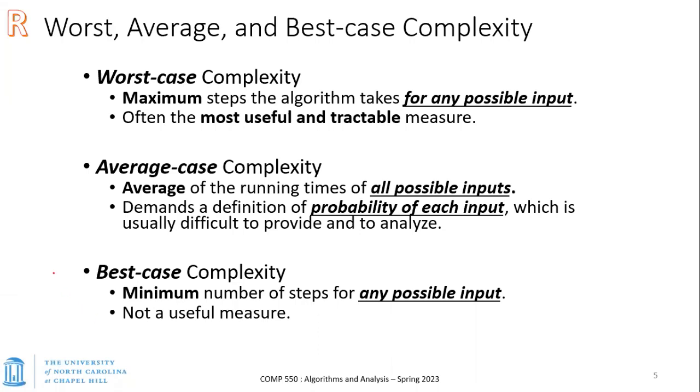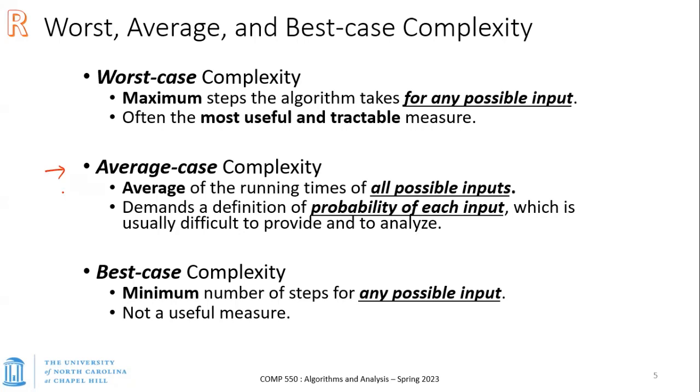The best case, we said, is not very useful because, if it's for all possible inputs, you could come up with your pet case in which the algorithm would behave really nicely, but that's not very useful. And it's not very useful in the real world either. The average case is unfortunately also a bit tricky, as I said, because it depends on the distribution of the input, and that's generally not given beforehand.